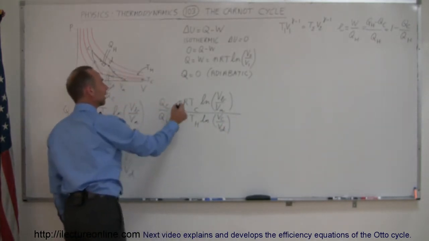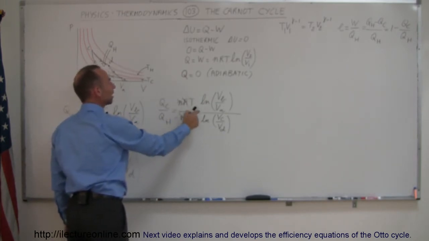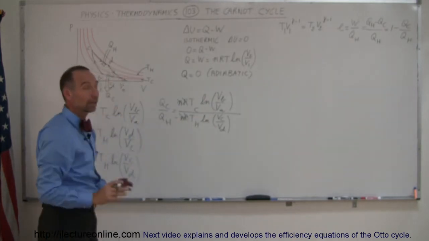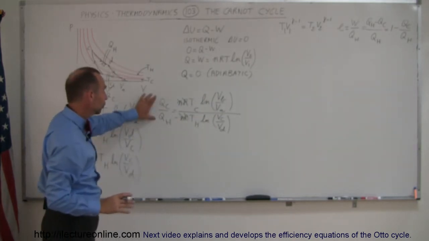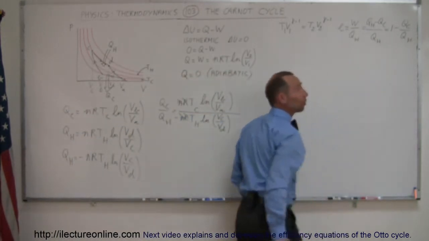And then right away you can see that the n and R cancel out, and now we have TC over TH and the natural log of VB over VA divided by the natural log of VC over VD. So that's equal to Q cold over Q hot, which is the part of our efficiency equation we have over there.